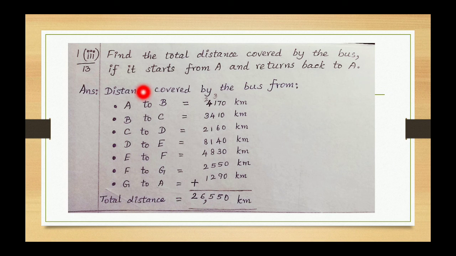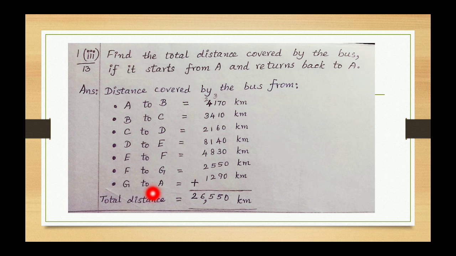Next, find the total distance covered by the bus if it starts from A and returns back to A. Answer is distance covered by the bus from A to B, then to C, then to D, then to E, then to F, then to G, then to A should be written. Then add them all together.